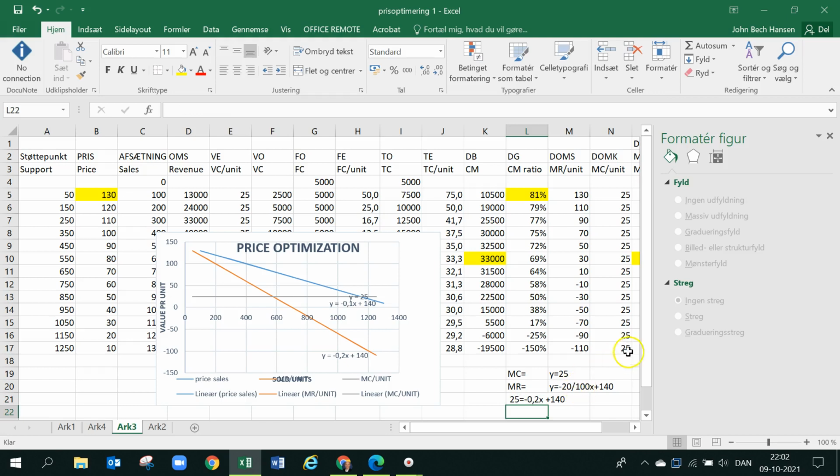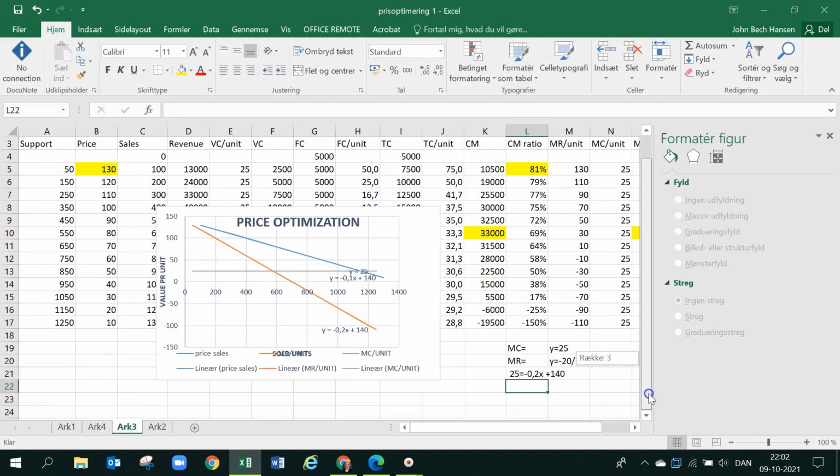If I just change those two, it would be 0.2x equals, so I've added 0.2x on both sides and deducted 25 on both sides.